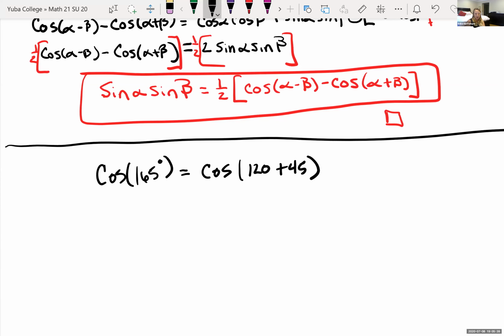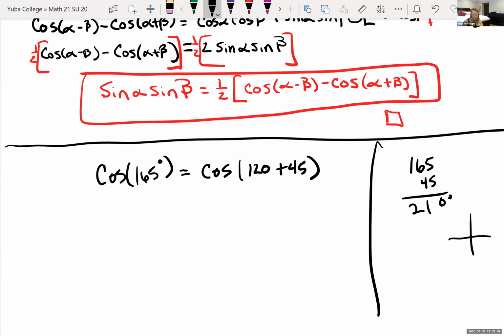But we probably could have manipulated this too by adding 45 degrees to this, which gives me 210 degrees. And I also know what 210 degrees is, because that's 180 plus 30. So I could have rewritten this 165 also as cosine of 210 degrees minus 45 degrees.